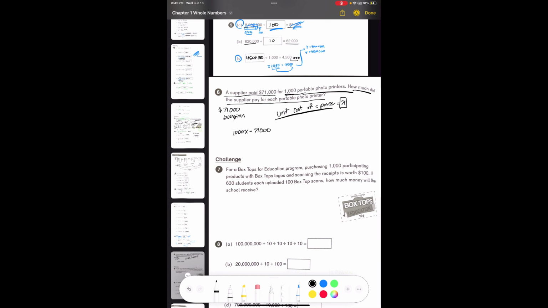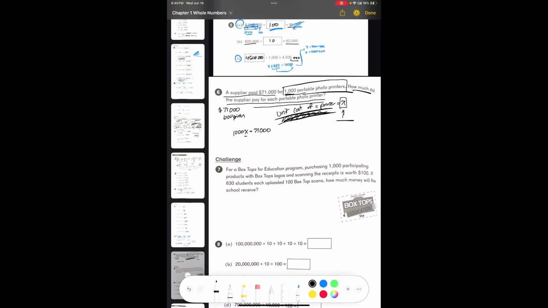The reason we do this is because if x stands for the unit cost of the printer, we can declare it, and we get this declaration because we already know the number of printers we have. We're just finding how much you paid for each, which is x.